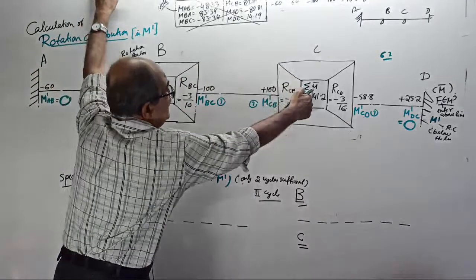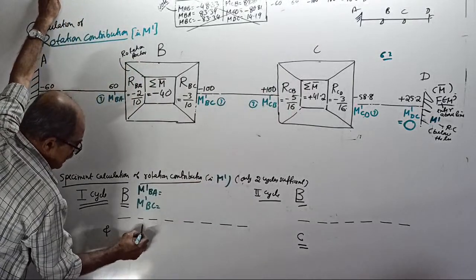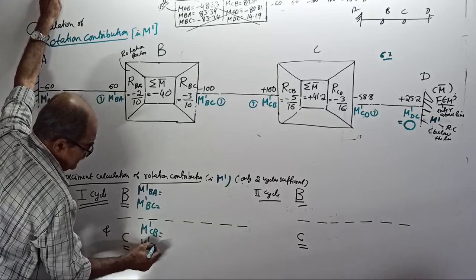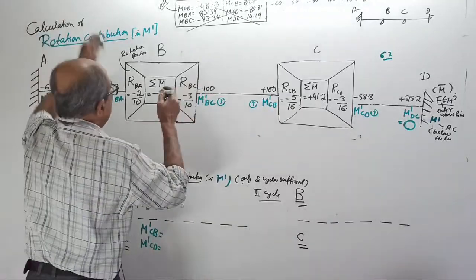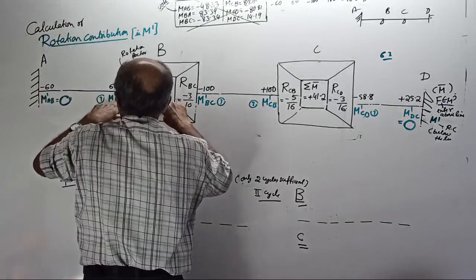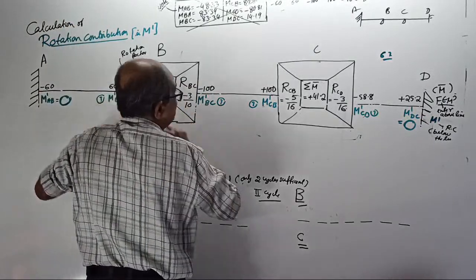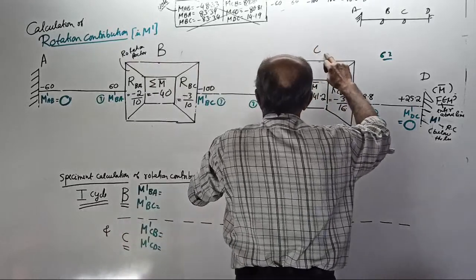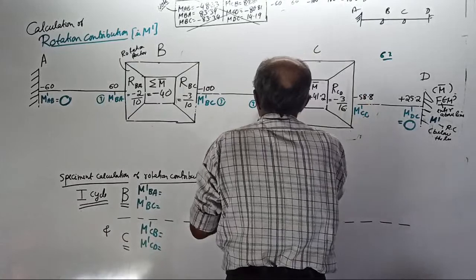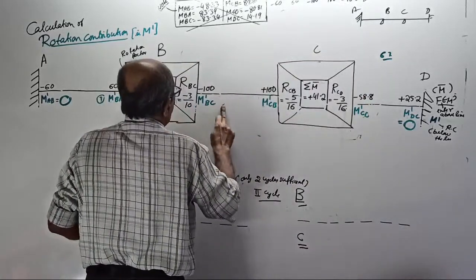Then at C, I want M dash CB and M dash CD. When I do joint B, I want M dash BA, M dash BC. When I come to C, I want M dash CB, M dash CD. This is what you are calculating now.